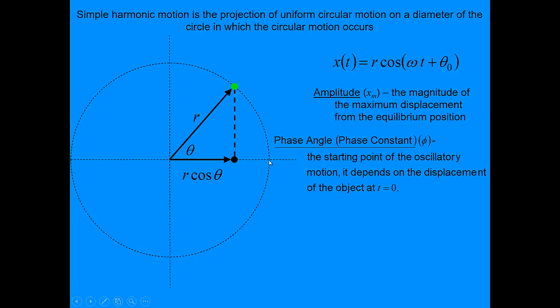Now, this is completely analogous to uniform circular motion. If we're talking about rotational motion, we call 0, in terms of the angle, out at the positive horizontal, and then we go from 0 around to 360 degrees. So the phase angle is where it starts from.